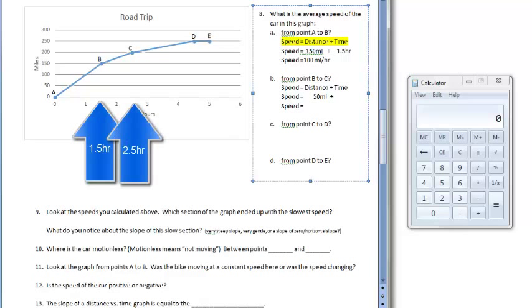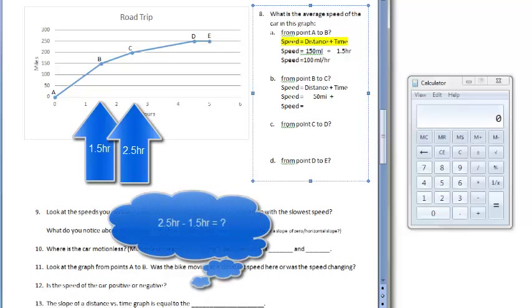You have to think to yourself, what is the difference between 1.5 and 2.5? If you're not sure what the difference is between those two numbers, then you can subtract 2.5 minus 1.5.